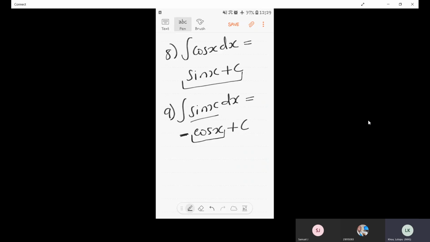And cosec squared: when I differentiate cot x, I get negative cosec squared. So the integral of cosec squared is negative cot, and so on. So you look at this table, it's like we're reversing the derivatives with the integrals. So we're now on the right hand side of the derivative table and integrating those ones.